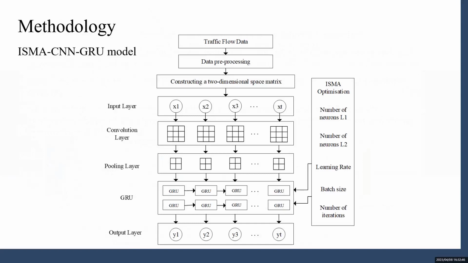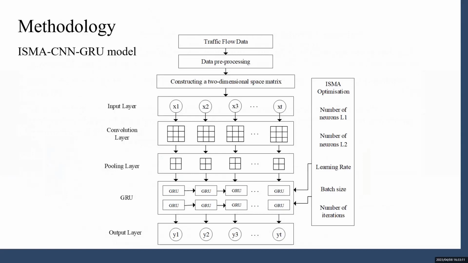The local features extracted by the convolutional neural network are then used as input to the ISMA-optimized GRU to further extract the temporal features of traffic flow. Finally, the predicted results are output through the fully connected layer, which is also the output layer.